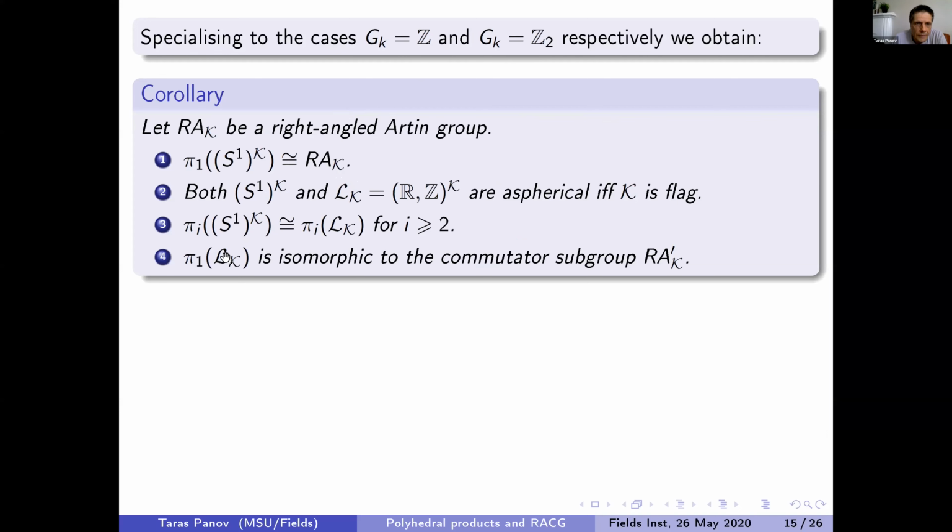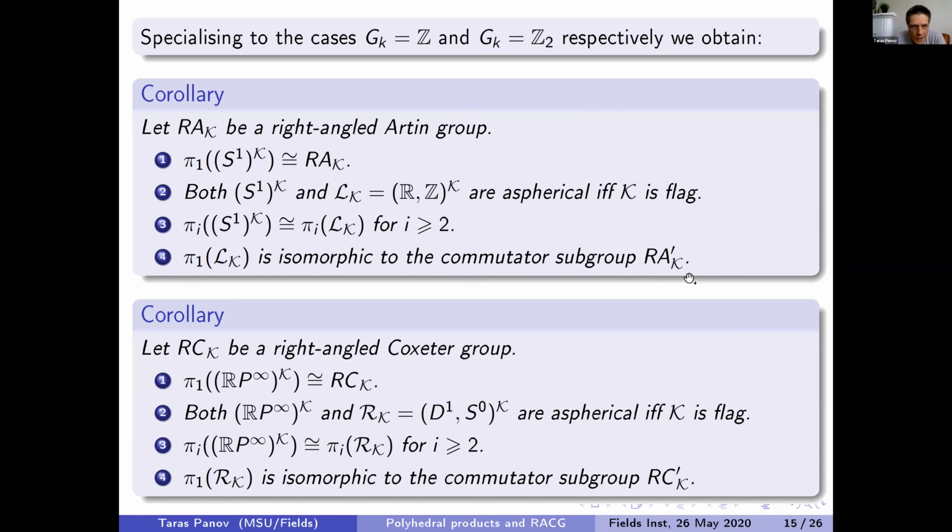If you look at this infinite cubical complex, then its fundamental group is isomorphic to the commutator subgroup of the right-angled Artin group, because when all the groups in the graph product are abelian, the kernel of the map from the graph product to the Cartesian product is just the commutator subgroup.